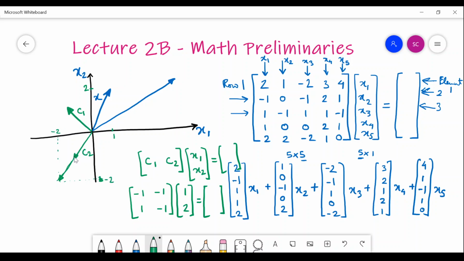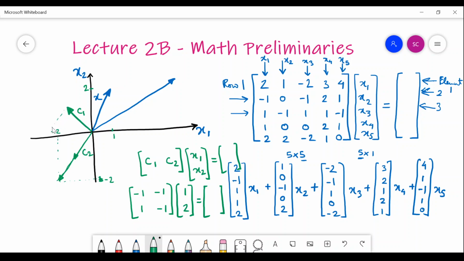But picture-wise, what we have now are the final vectors, this one and this one, which need to be added to get the result. The final result is this c1 into x1, c2 into x2, correct? So numerically you can calculate it. Geometrically, what would be the result?